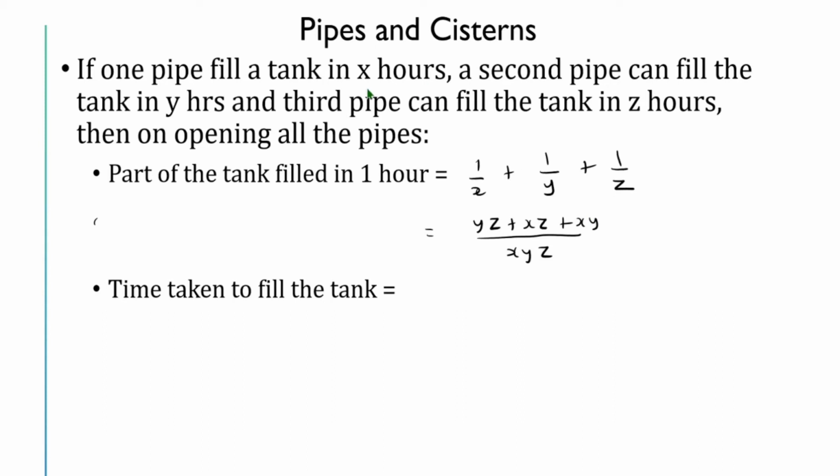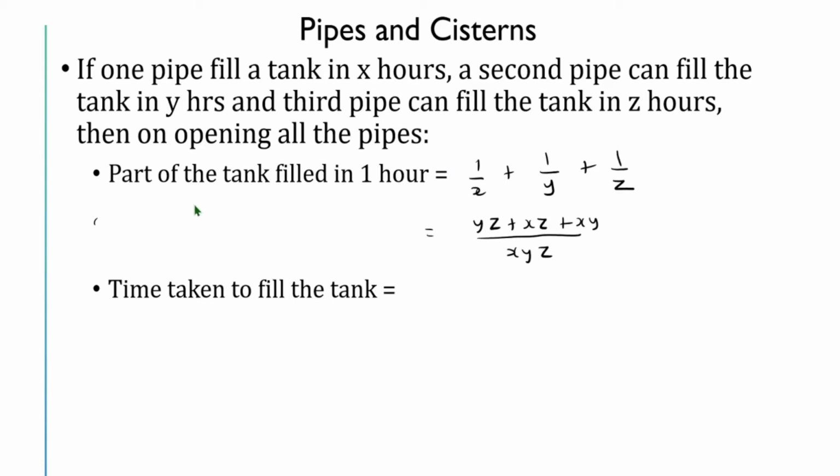So when we have three pipes wherein the first pipe fills the tank in X hours, the second pipe in Y hours, and the third pipe in Z hours, then the part of the tank which will be filled in 1 hour will be 1 by X plus 1 by Y plus 1 by Z. Because 1 by X is the part which is filled by the first pipe, 1 by Y is the part which will be filled in 1 hour by the second pipe, and 1 by Z is the part of the tank which will be filled in 1 hour by the third pipe.